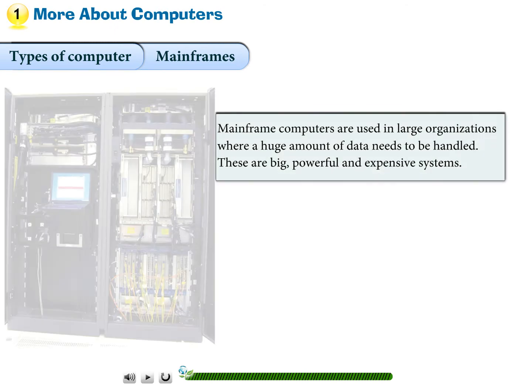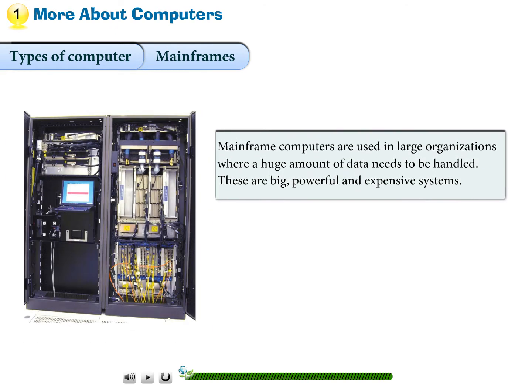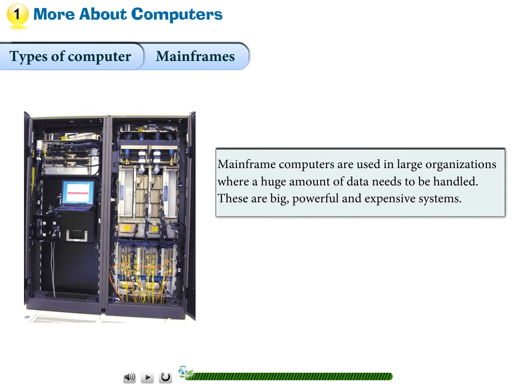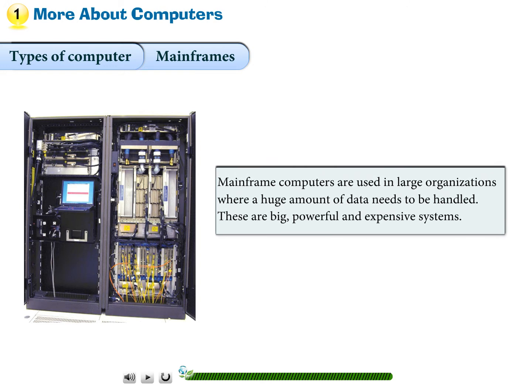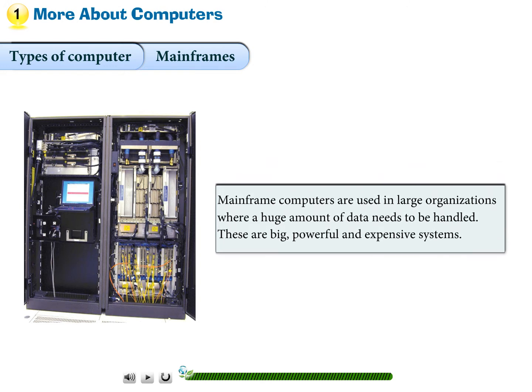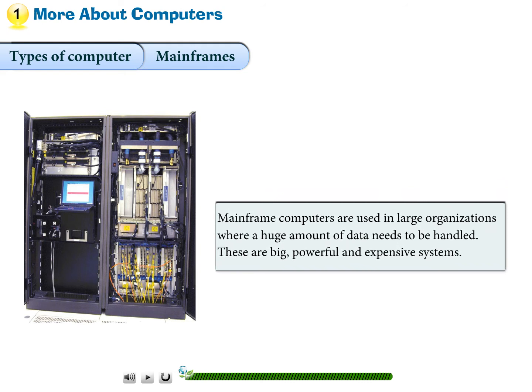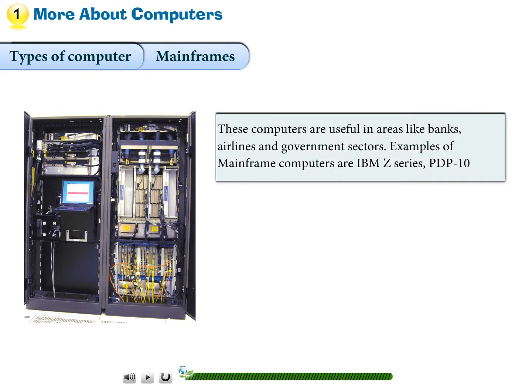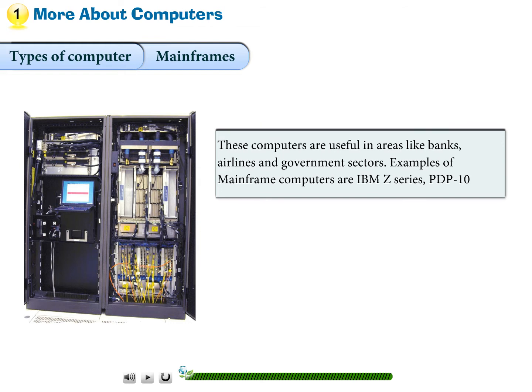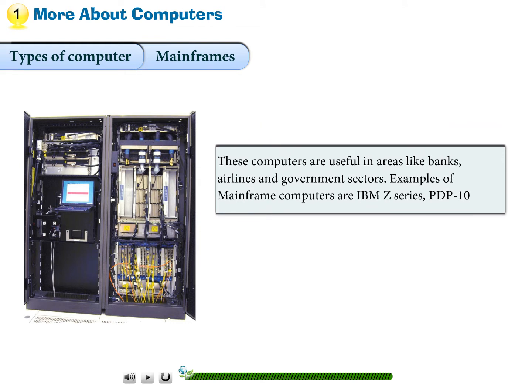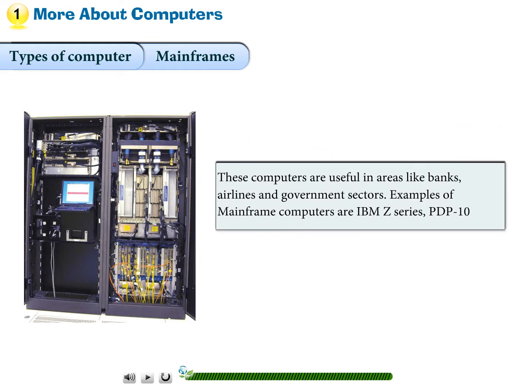Mainframes. Mainframe computers are used in large organizations where a huge amount of data needs to be handled. These are big, powerful and expensive systems. These computers are useful in areas like banks, airlines and government sectors.